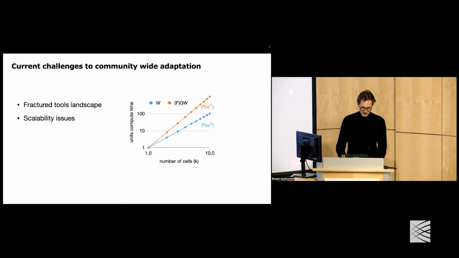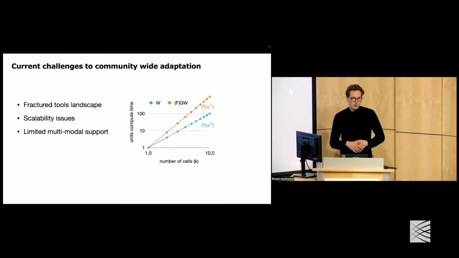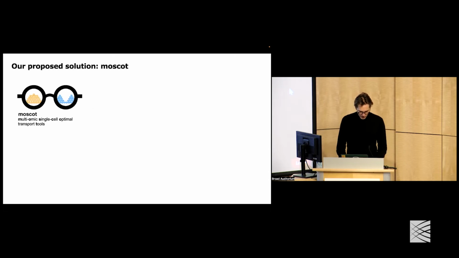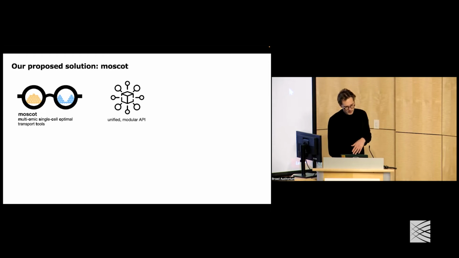So there are scalability issues in practical applications, and there's limited support for multimodal data. Most of these methods have just been formulated, of course there are exceptions, for simple one-modality data like just RNA. For this, we propose MOSCOT, which stands for Multi-omic Single-Cell Optimal Transport Tools.